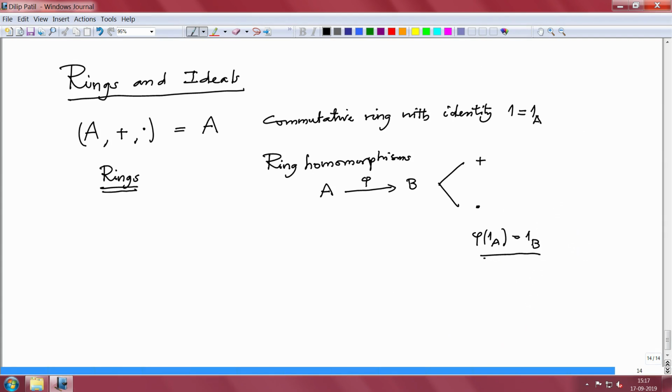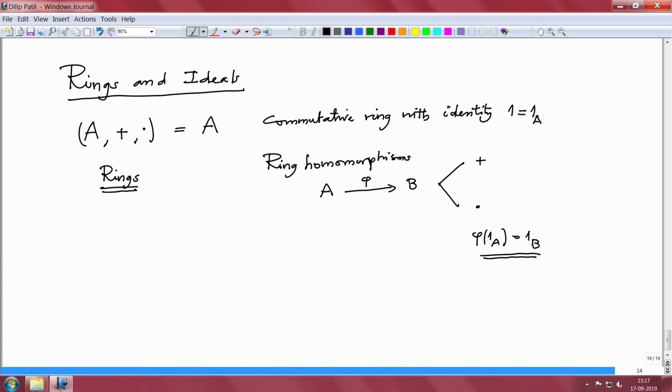This is also a very important condition to assume. One caution: some books consider rings without identity, and ring homomorphisms may not map identity to identity, but we are not going to go into that generality because our main aim is to study rings which arise from algebraic geometry, and those are mainly polynomial rings and rings constructed from polynomial rings. Okay, so ring homomorphisms are defined.